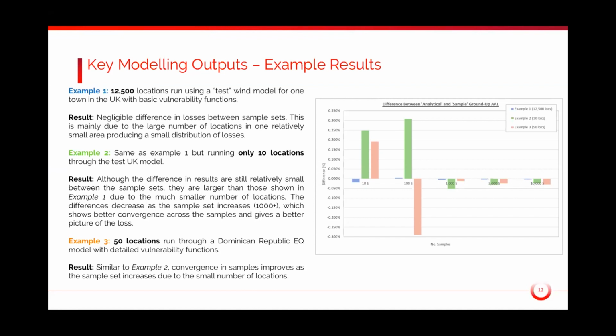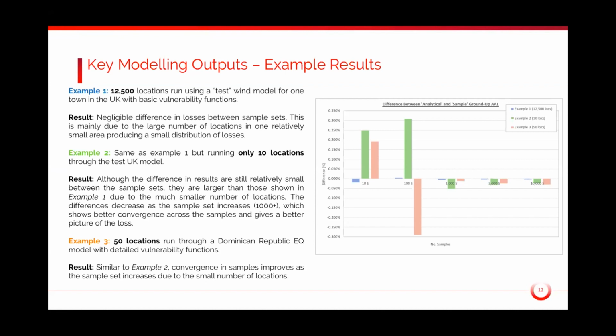You can see on the graph here the difference in losses between running 10 samples through to 10,000 samples is actually quite small. There hasn't been much change between them. This goes back to what I was saying about having a large portfolio. There were no financial terms and the vulnerability functions in the model were quite basic. It shows that the distribution of losses between those samples is actually quite similar.